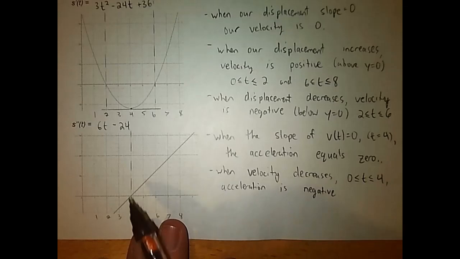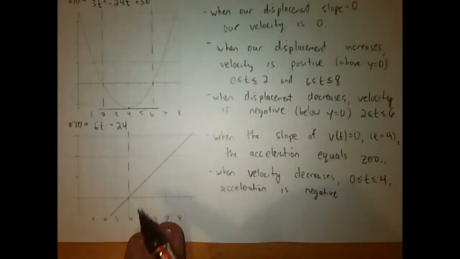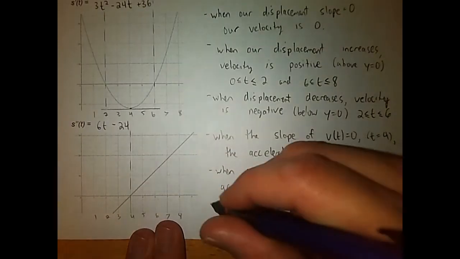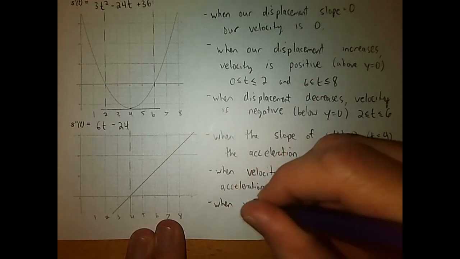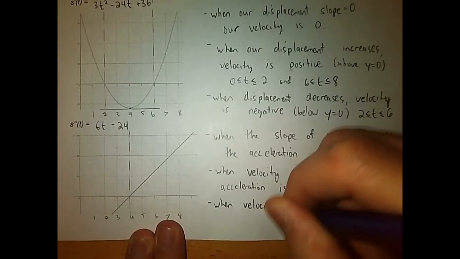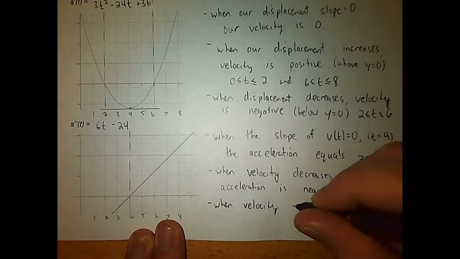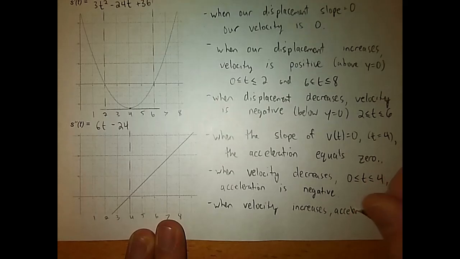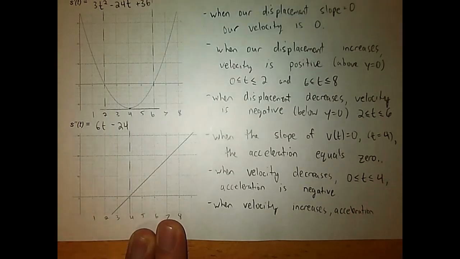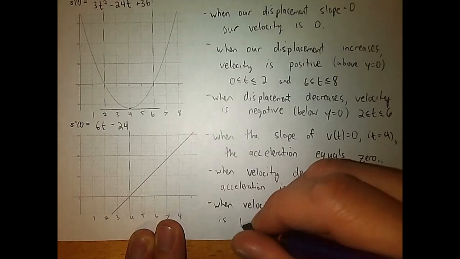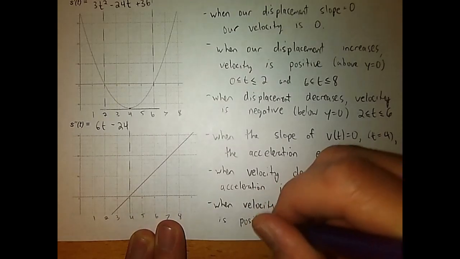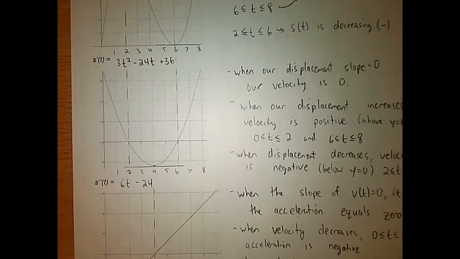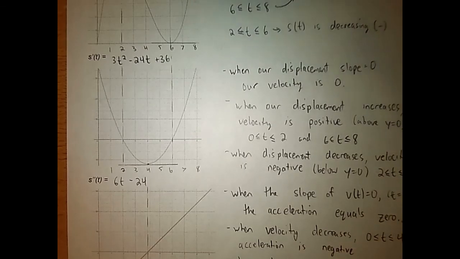And when our velocity graph was increasing, our acceleration became positive. So when velocity increases, acceleration is positive. So just some patterns we can see between these graphs when I'm doing first, second, and third derivatives.